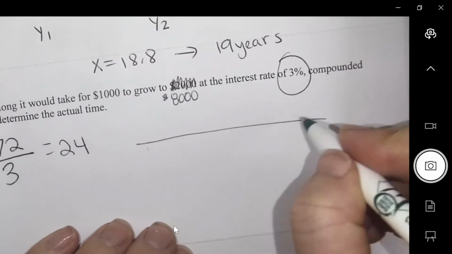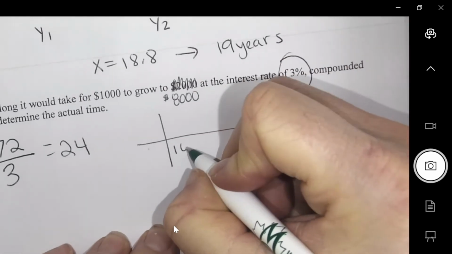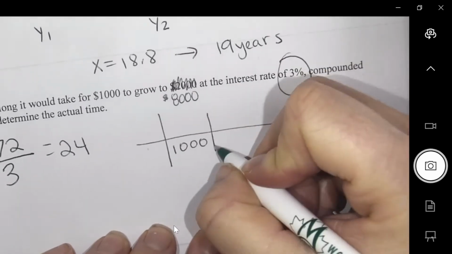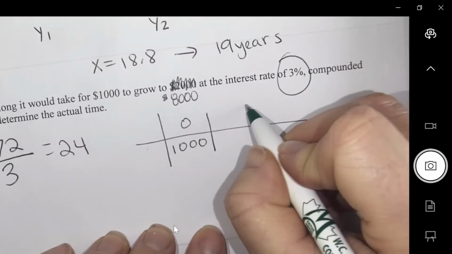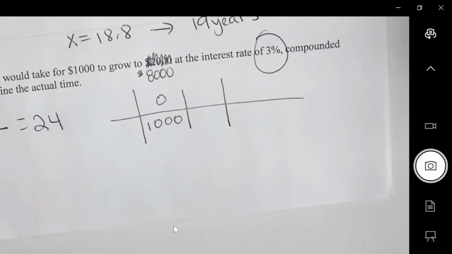So what I'm going to do is I'm going to do a T-chart. At the time of 0, we had $1,000.